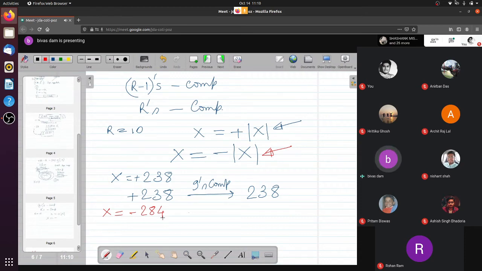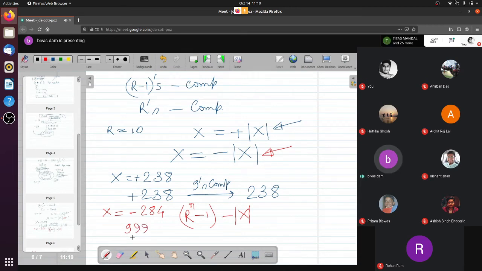So simply what I have to go for is r to the power n minus 1 minus the mod x. Here r is your 10. N is the number of digits in the actual number. So that is 3. So 10 to the power 3 minus 1 is how much? 999.